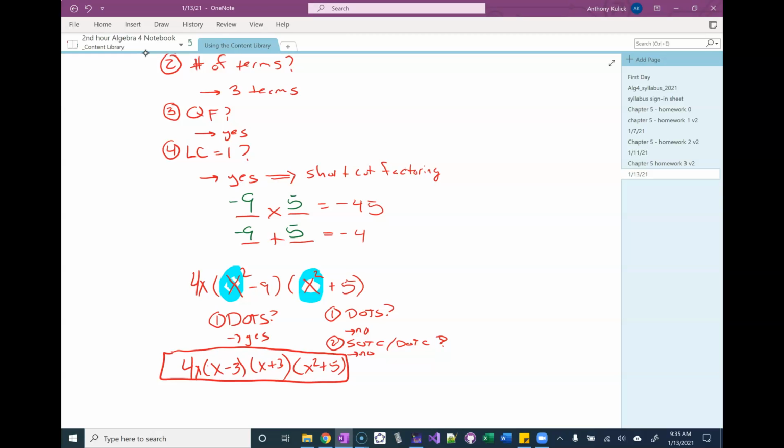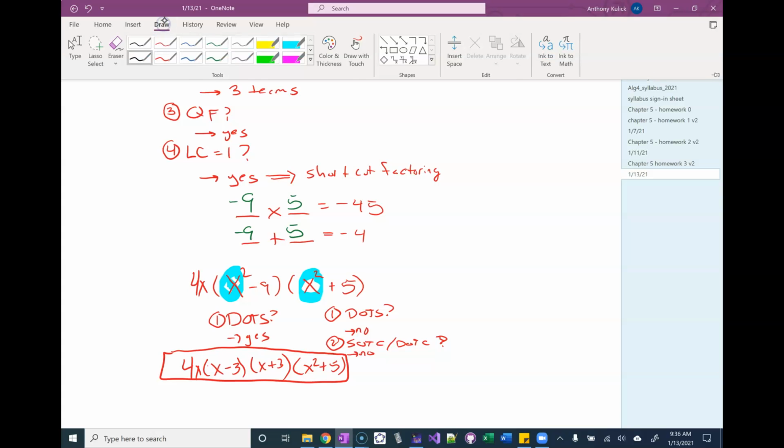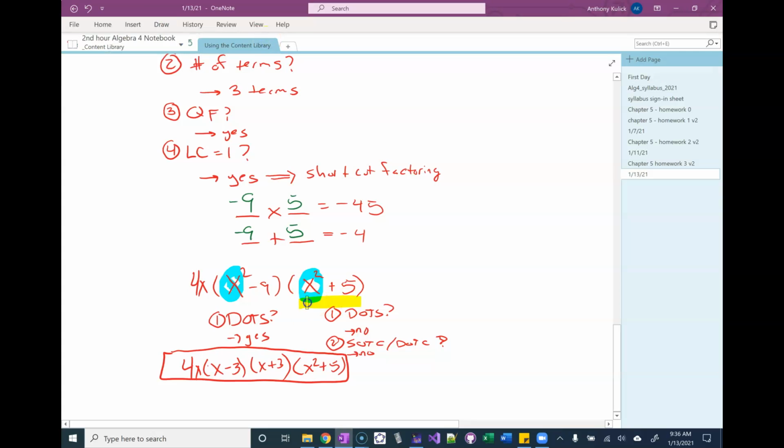Lily: Okay, so I understand that x minus 3 is x plus 2, but why did you put x squared plus 5? So that's because this piece here, we couldn't factor it anymore, so it just comes along with it, right?